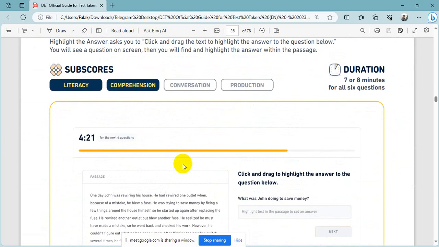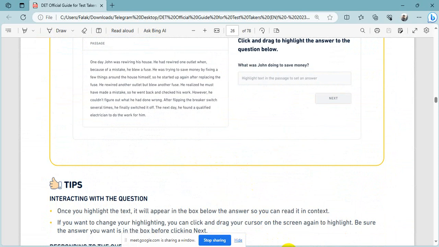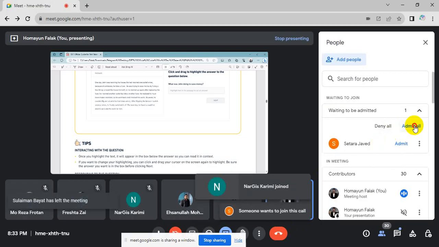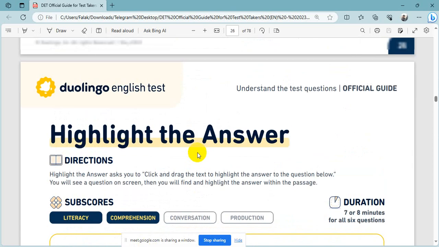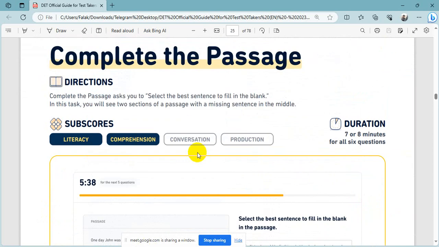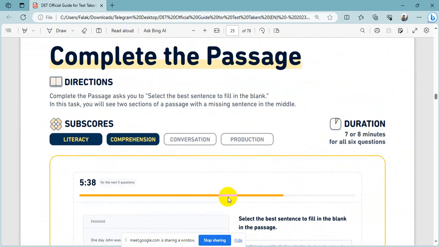Okay, so the previous one was highlight the answer, in which you were supposed to highlight the answer to the question they ask you. And before highlight the answer, we had complete the passage for the reading part, in which a sentence was missing. On the right side of the screen, there are four statements and you're supposed to select one of them, and this question type goes to the subscores category of literacy and comprehension.